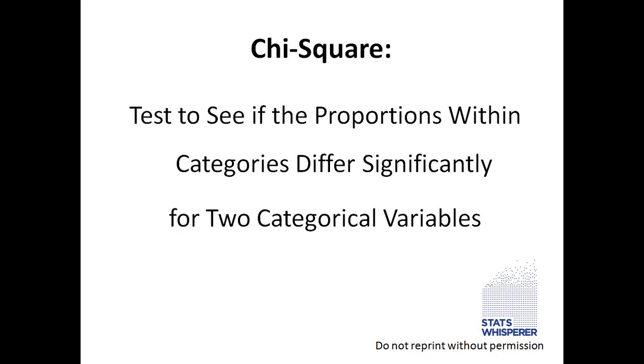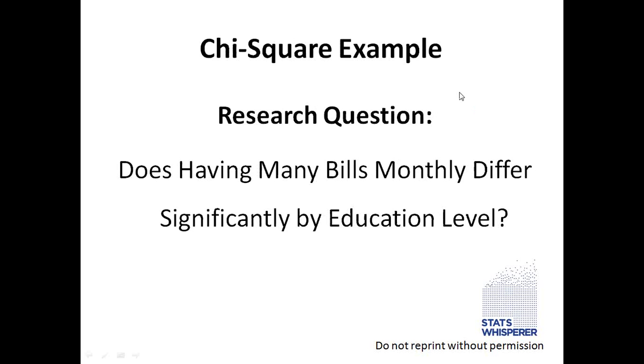Now, we're also going to do our chi-square to see if the proportion within categories differs significantly for 2 categorical variables. Okay? So let's apply a research question to this since it differs from the rest of our analysis, which looked at our dependent variable happiness.